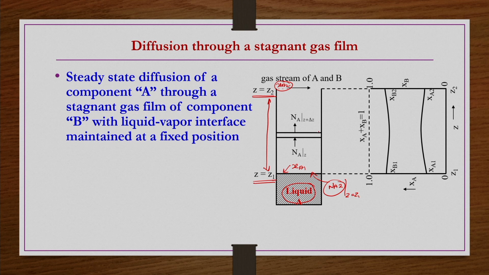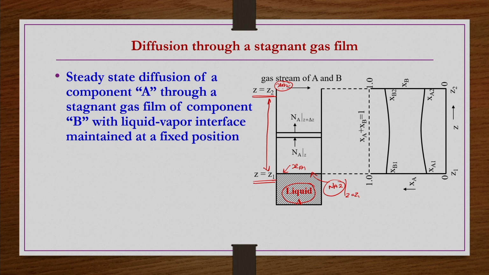Within this diffusive column, only in the diffusion region and not inside the liquid, that is the empty region from Z1 to Z2, only diffusion is taking place between A and B. A is diffusing into B, and B is a non-diffusing stagnant gas film.